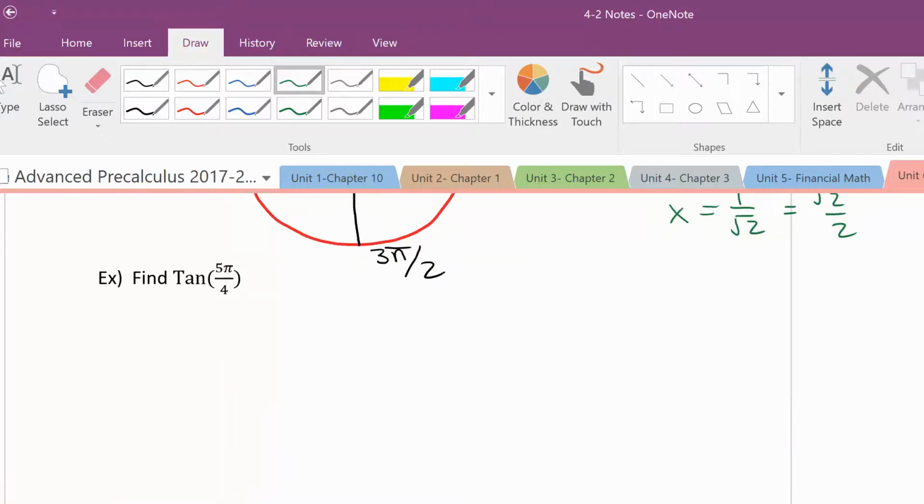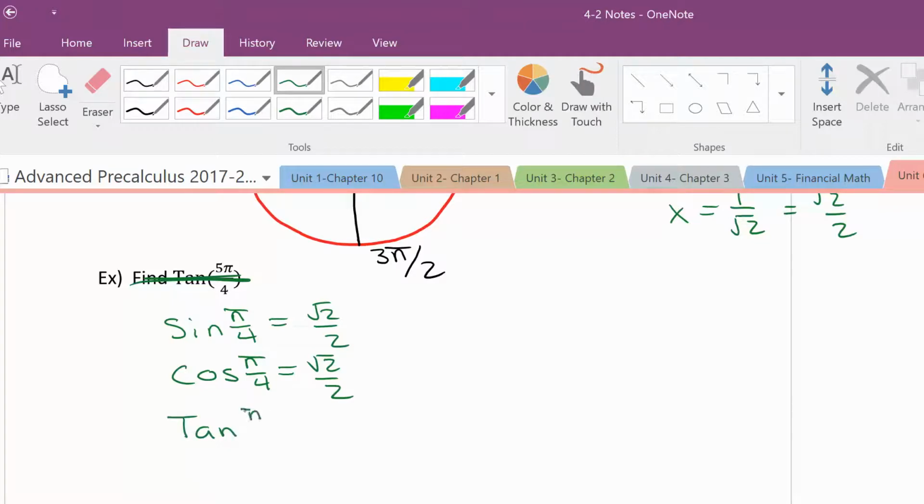Which means when you find the sine of pi over 4, it's just rad 2 over 2, because that's the y. The cosine of pi over 4 is also rad 2 over 2, because that's the x. That means the tangent of pi over 4, which is y over x, is just 1, which means the cotangent is also 1.